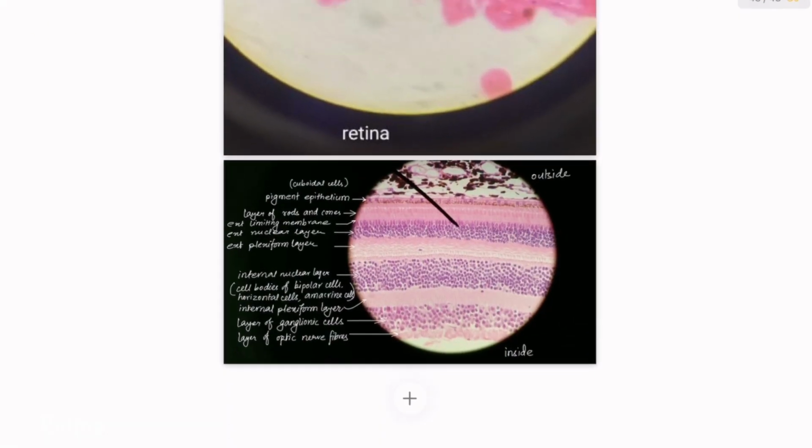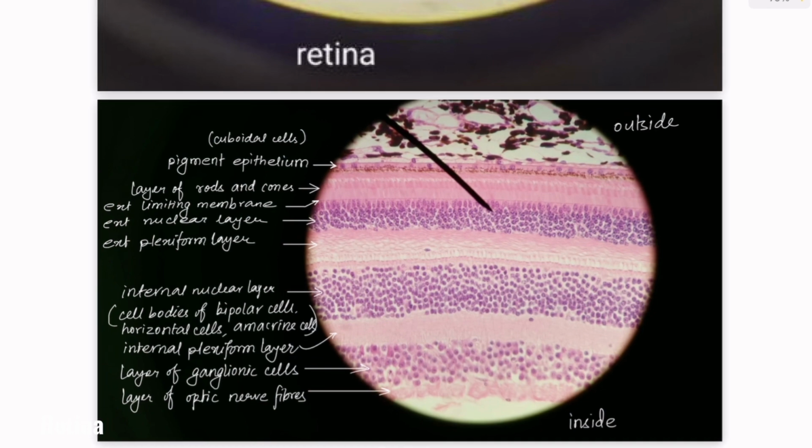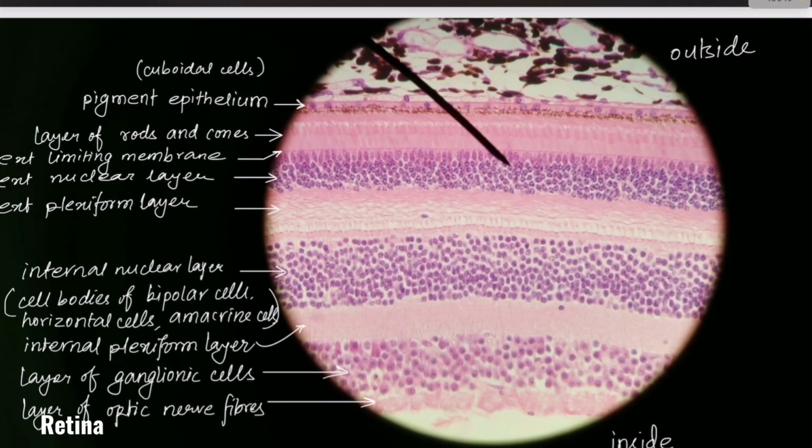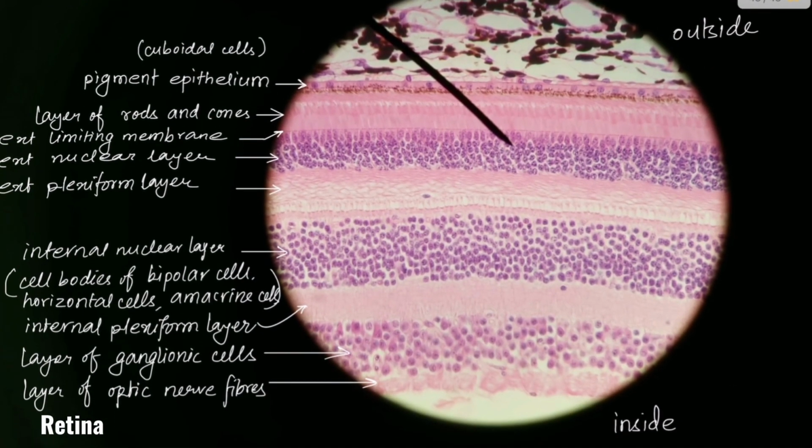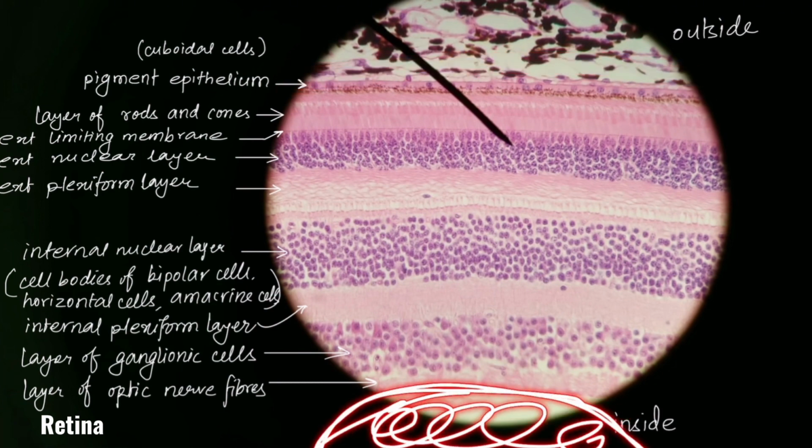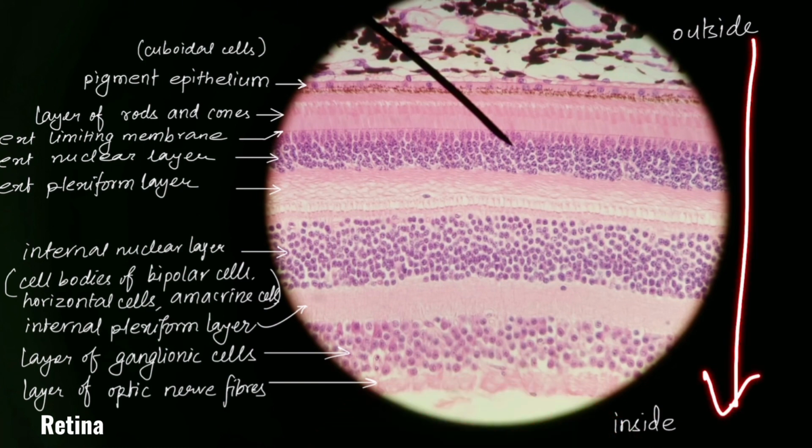Let's look at the same retina but at a much higher resolution. At a higher resolution, you can clearly see all the layers of the retina. This is the inside of the retina. This is the outside of the retina. Inside, there's the posterior chamber of the eyeball filled with vitreous humor. From outside to inside, there are multiple layers of retina.